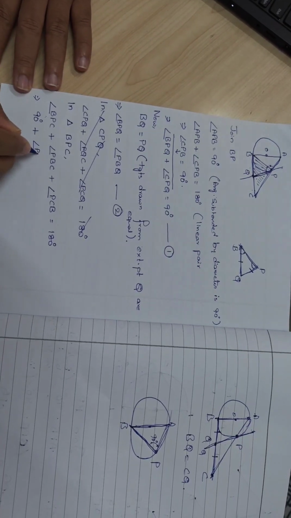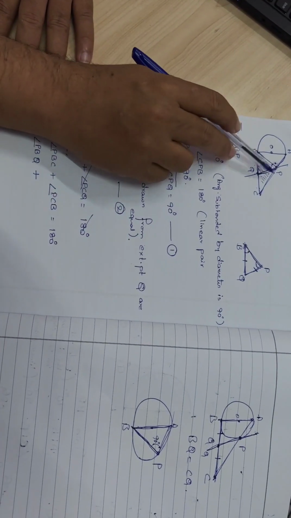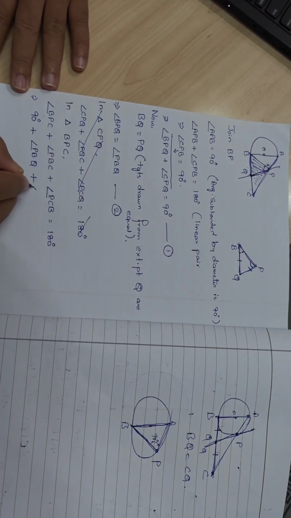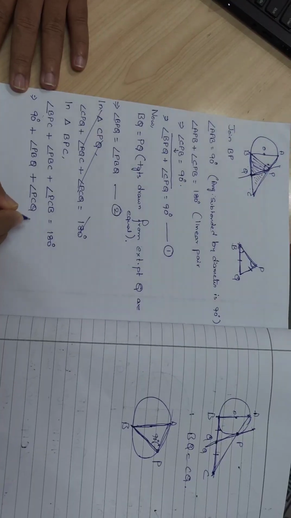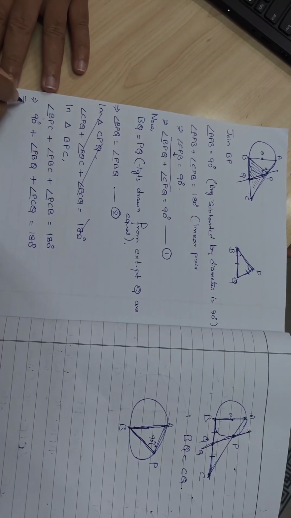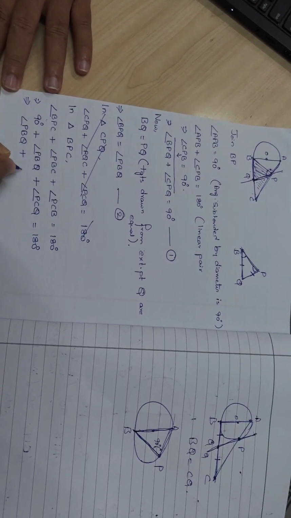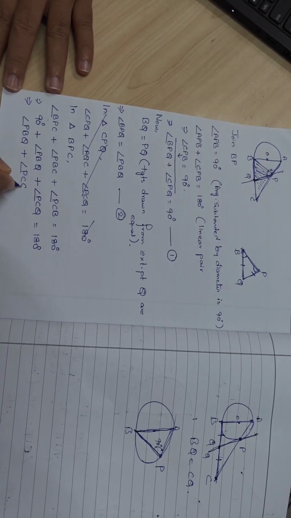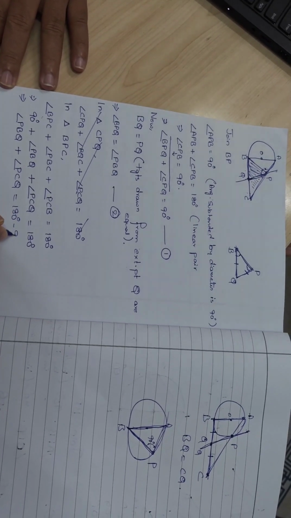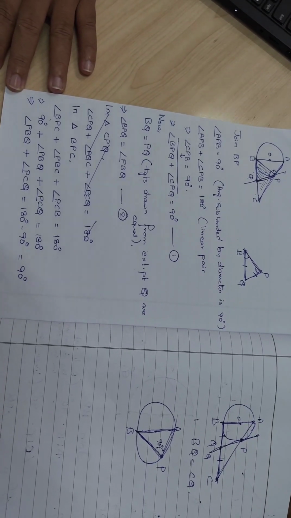So let me write PBQ plus PCB, which I can write as PCQ, is equal to 180 degrees. If I transpose, angle PBQ plus angle PCQ is equal to 180 degrees minus 90 degrees, which is nothing but 90 degrees.